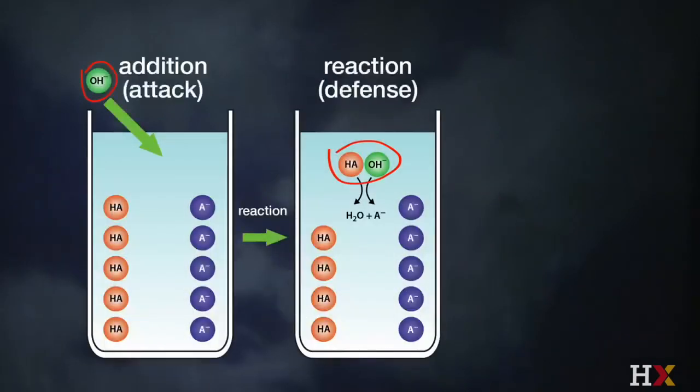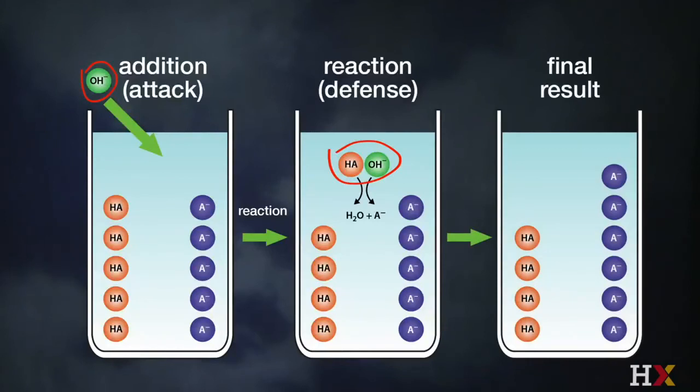So when we react the acid with the added base, what happens for the final result is that the ability of the solution to provide this weak acid in excess means that when we add the base, we're reacting to remove some of it, but not all.